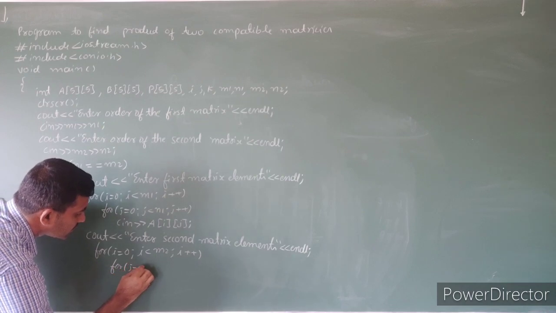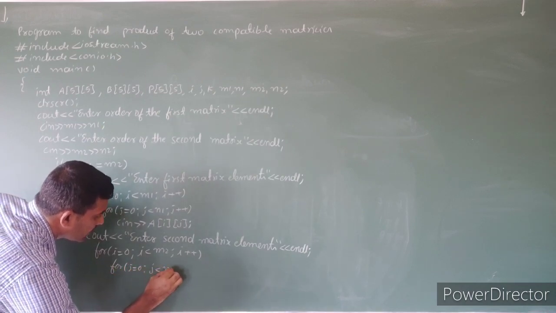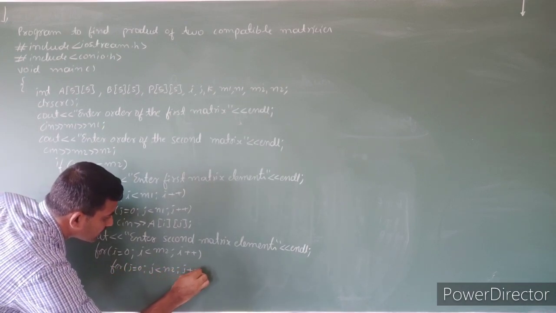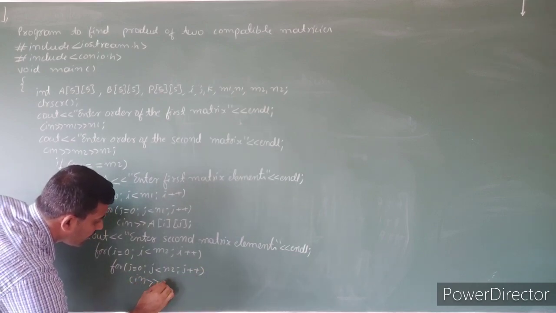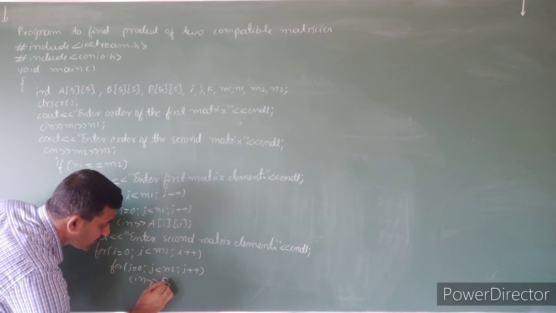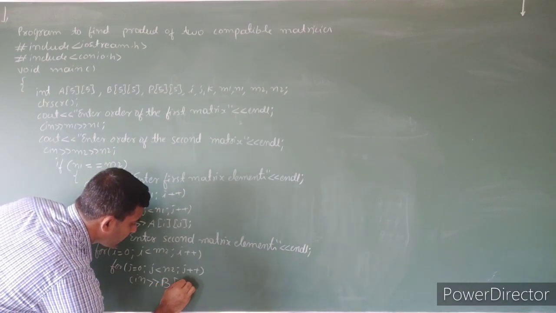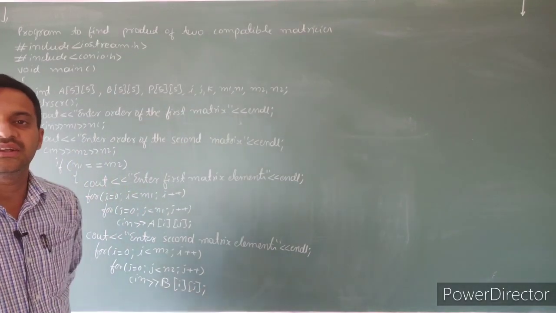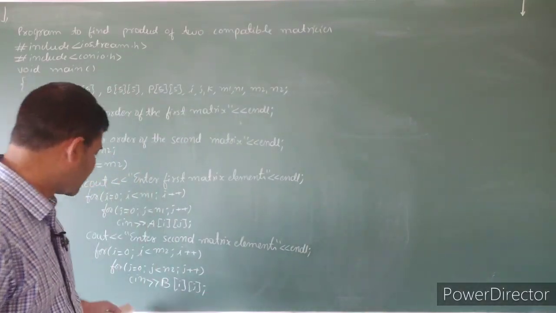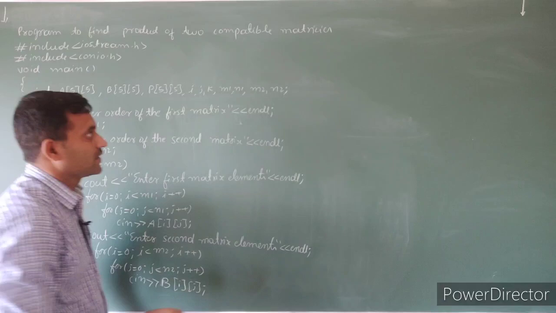For j equals 0, j less than N2, j plus plus. cin extraction, the second matrix name is B, B of I j. Okay, read the elements for the first matrix, then read the elements for the second matrix.